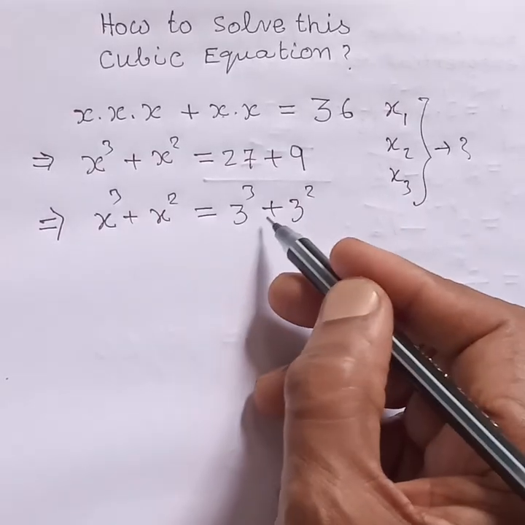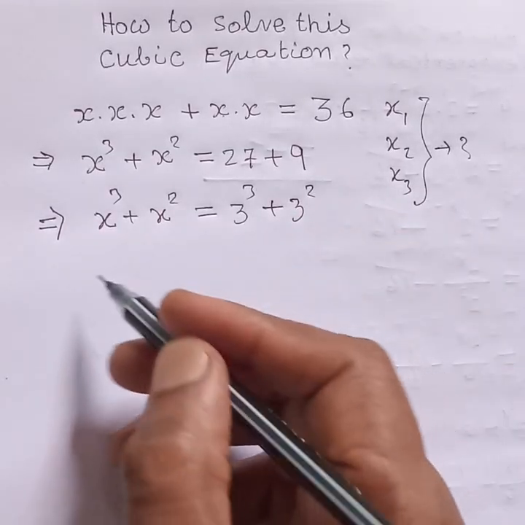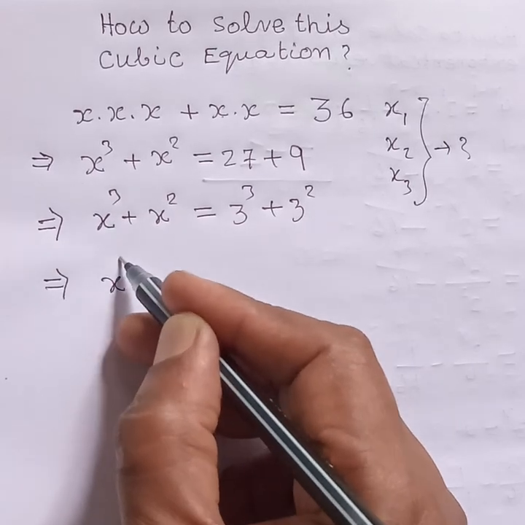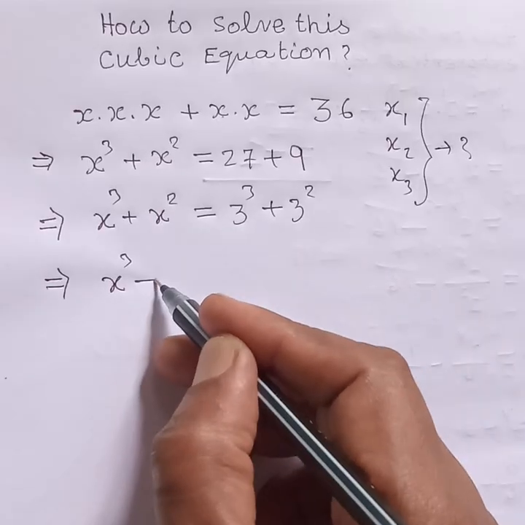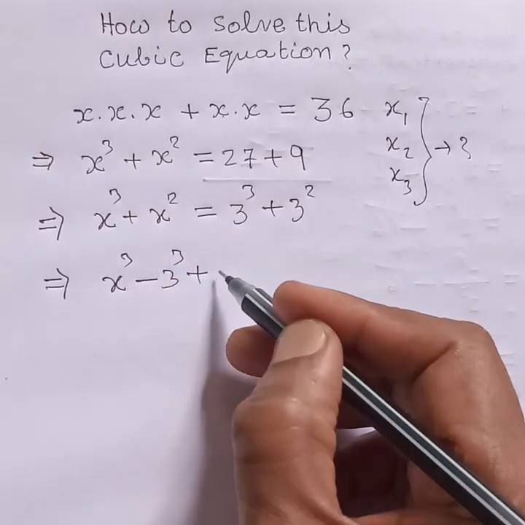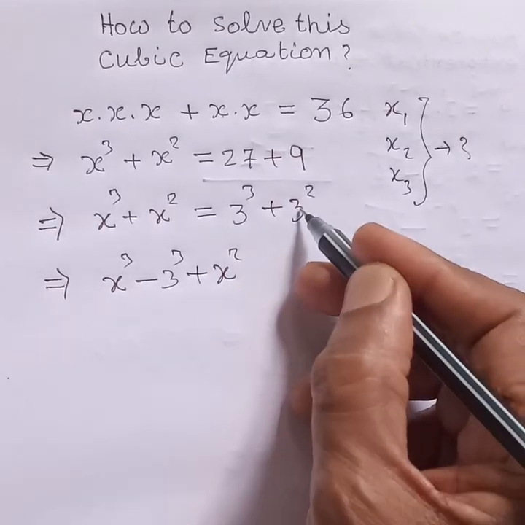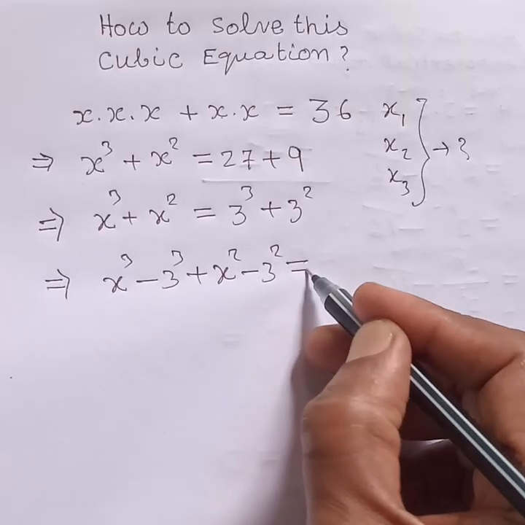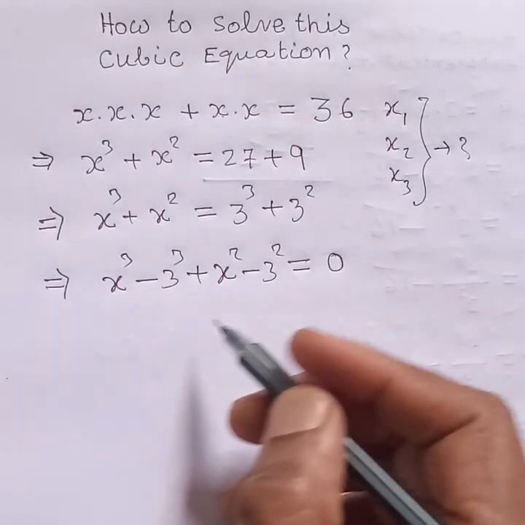These two terms transfer to left side. Then it will be x cube minus 3 cube plus x square minus 3 square. Right hand side is equal to 0.